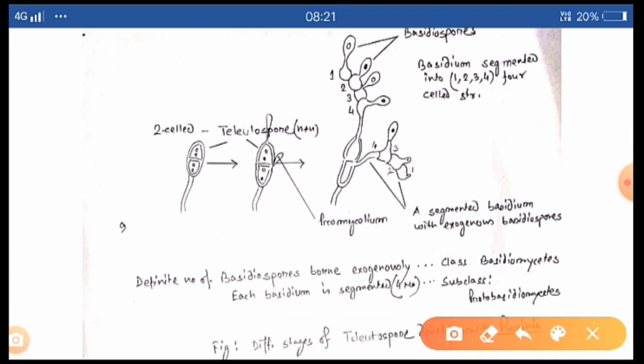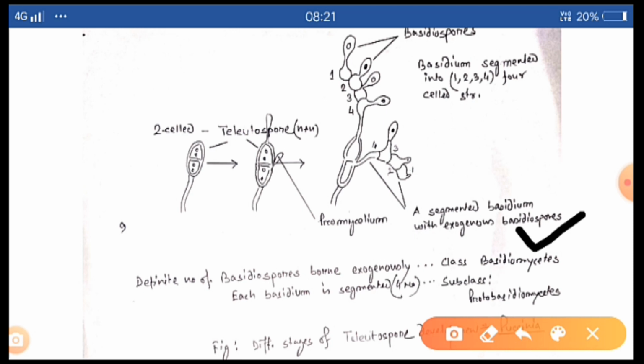Study this one. Here again mycelia is septate and they perform sexual reproduction. The spores are formed outside the body or exogenously, hence the class is Basidiomycetes.